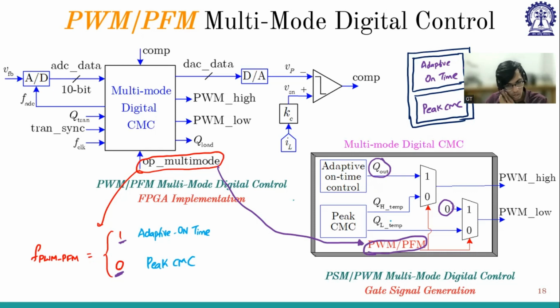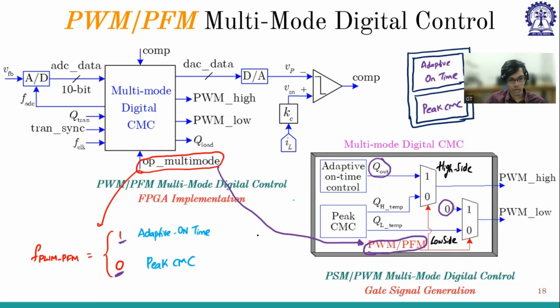There are two signals: one is the high side signal and the other is the low side signal. So there are two muxes, one for the high side and the other for the low side. Depending upon the PWM PFM operation selection, either the adaptive on-time signal or the peak current mode control signal will go through.